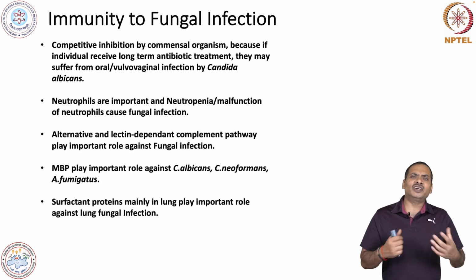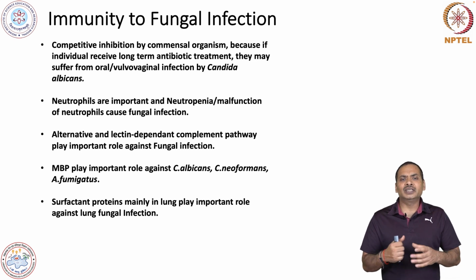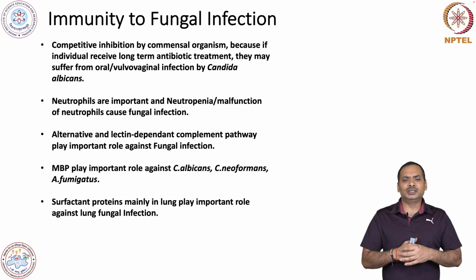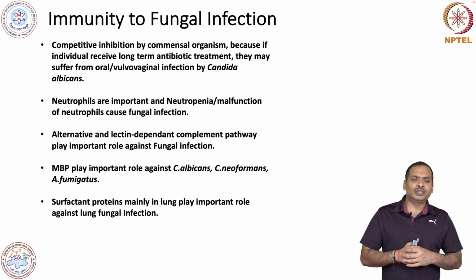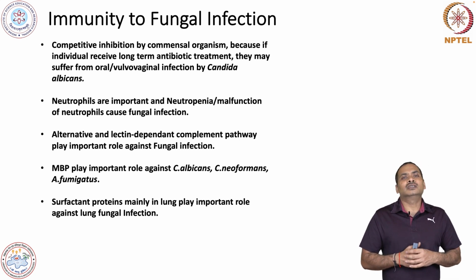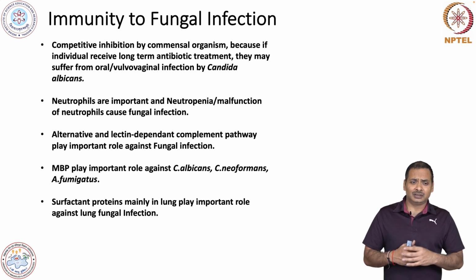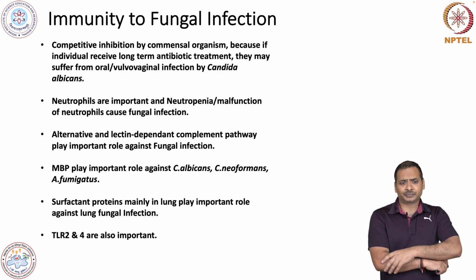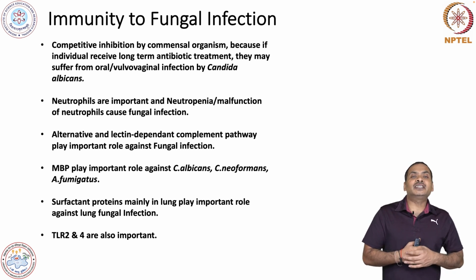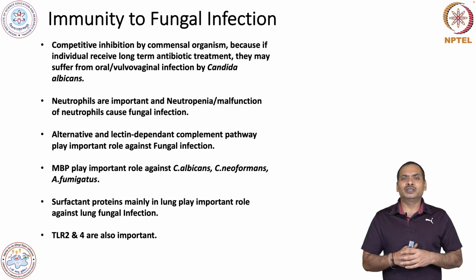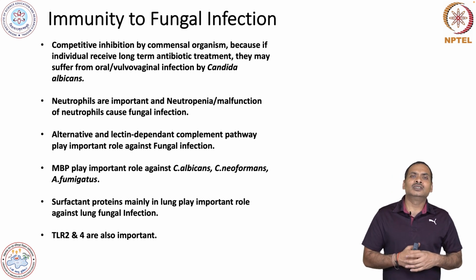There are some surfactant proteins, which are present in the lungs. Okay, and they play a very important role against fungal infection in lungs. Okay, so this is a very important protein. In addition, TLR2 and TLR4 have been shown to play a very important role against the fungal infection.